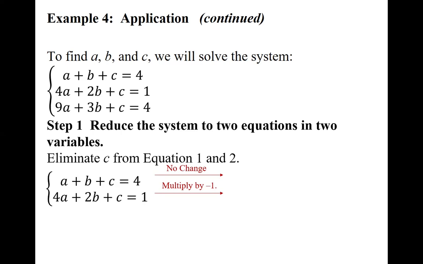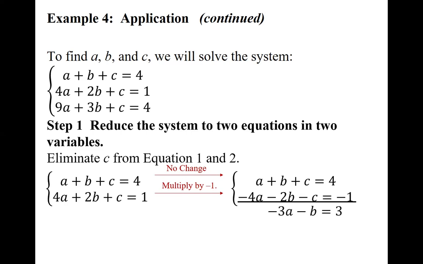So multiplying that second equation by -1, it turns it into -4a minus 2b minus c equals -1. Now, if we add these two equations together, the c's go away. We're left with -3a minus b equals 3.